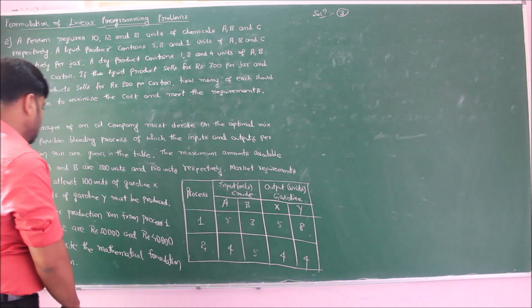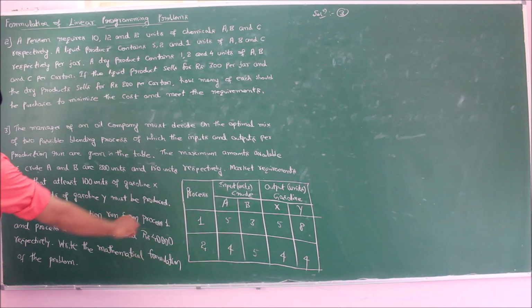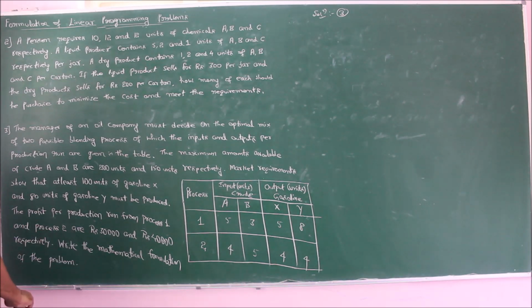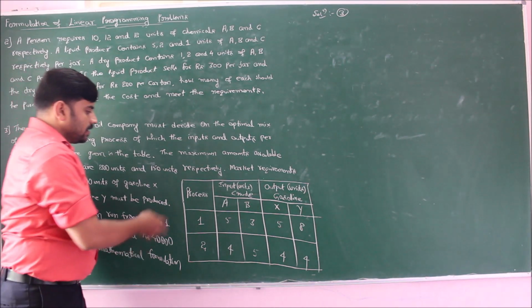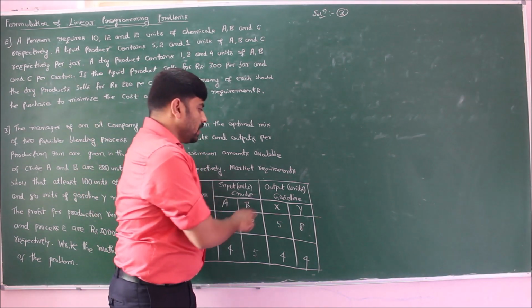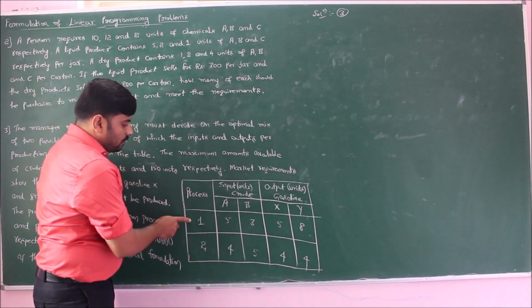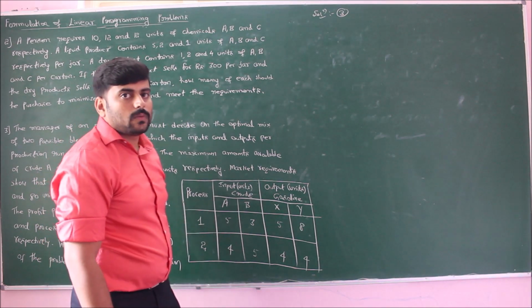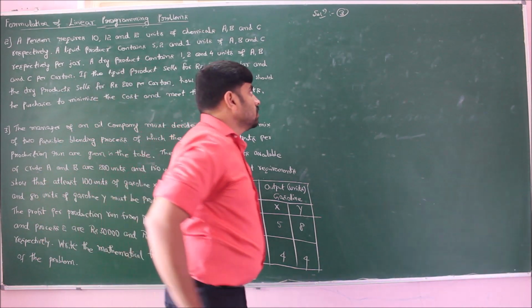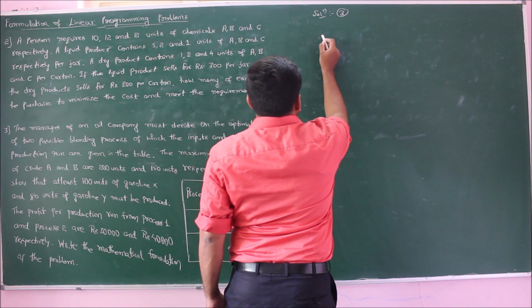So he is clearly stating the profit per production run from process 1 and process 2. He is not making the profit either by crude oil or by gasoline. He is making the profit by the runs of process 1 and process 2. Therefore, the objective function will have process 1 and 2.